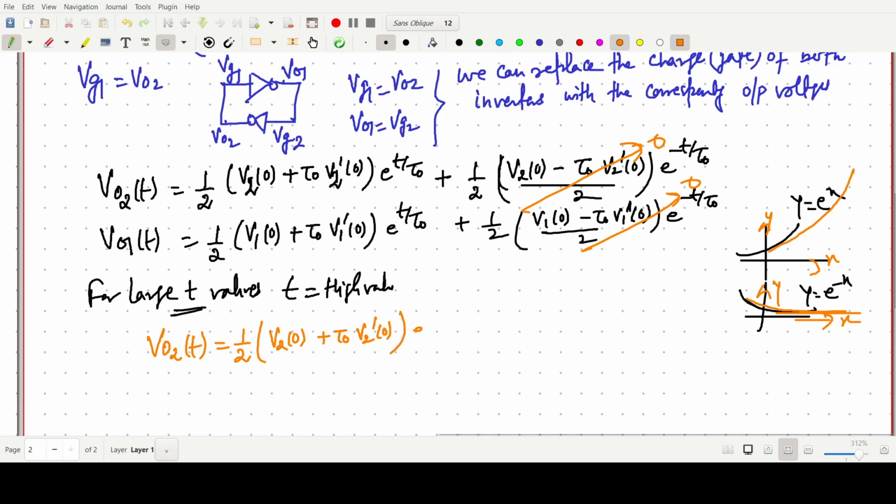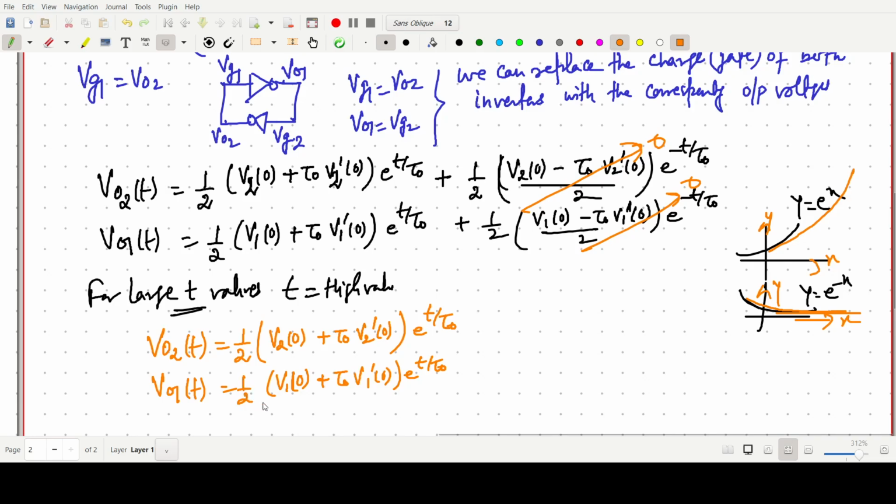See, this one is the proof for this one, and v naught 1 has e to the power t by t naught. So this one is the voltage expression.